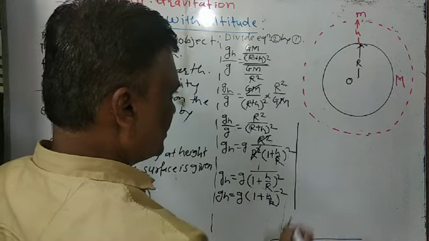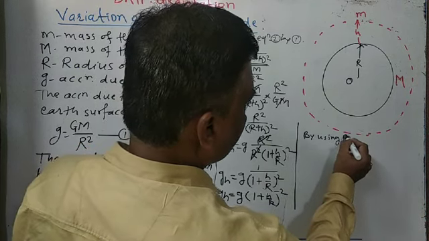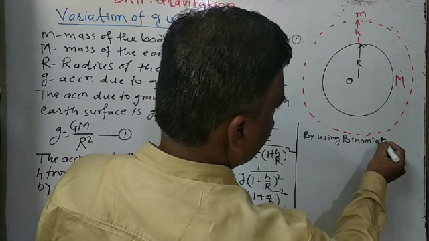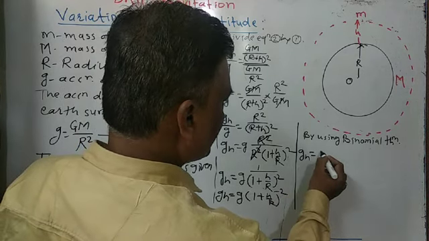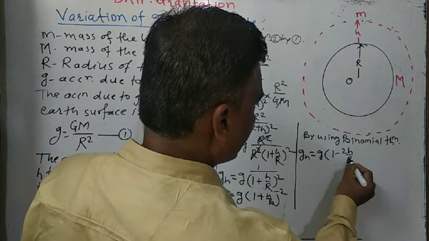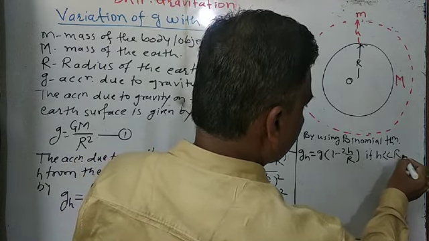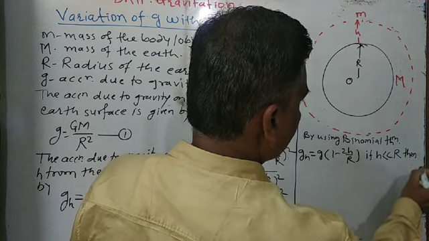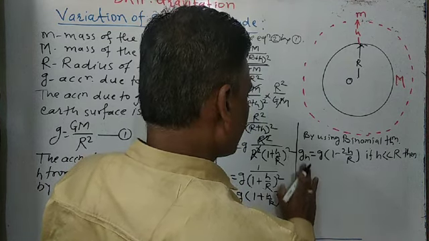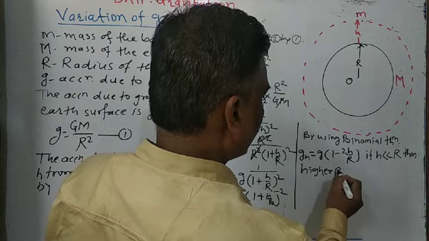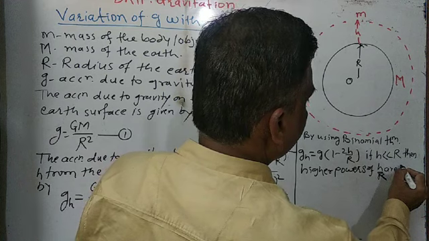Now here again, by using the binomial theorem, g_h equals g in bracket 1 minus twice h by R. In this case, if h is very small compared to R, then higher powers of h by R are neglected.